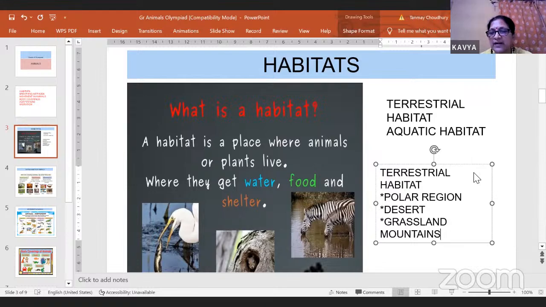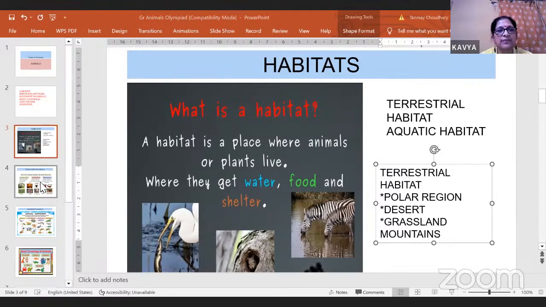Terrestrial means land, aquatic means water. The home on land can be the polar region, the desert, the grassland, and the mountains. And aquatic, the home in water, can be in pond, lake, and sea, river, etc., or oceans. So you've done with habitat.